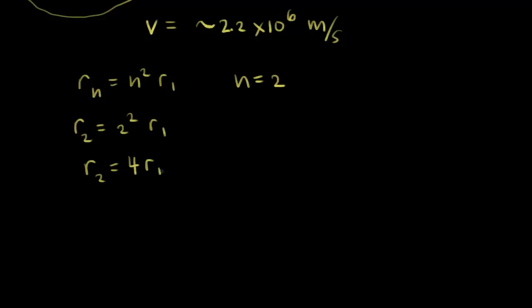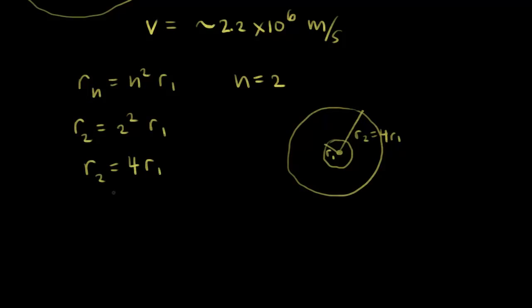times r1. If we're thinking about a picture, let's say this is the nucleus here, and this tiny little radius here is r1. If we wanted to sketch in the second allowed one, it would be 4 times that. I'm just going to approximate. So this is r2, which is equal to 4 times r1, and we sketch in this next allowed radius using the Bohr model.